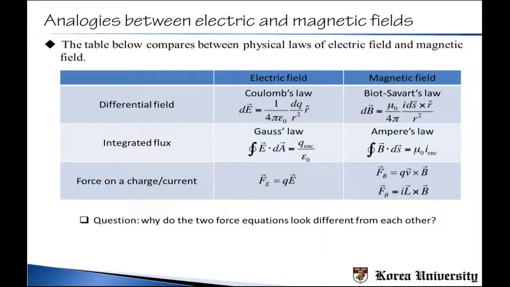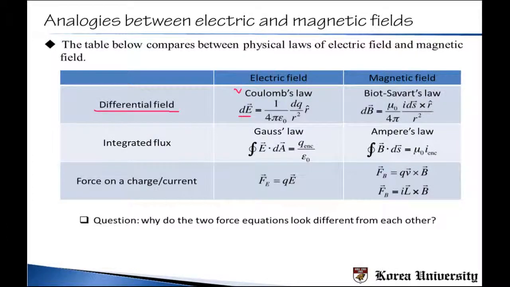And one more time, let me compare the equations for electric fields and those for magnetic fields, because this is very important. In this table, we have compared these three equations side by side. First, let's compare how we calculate the differential field. For the electric field, it is given by Coulomb's law.